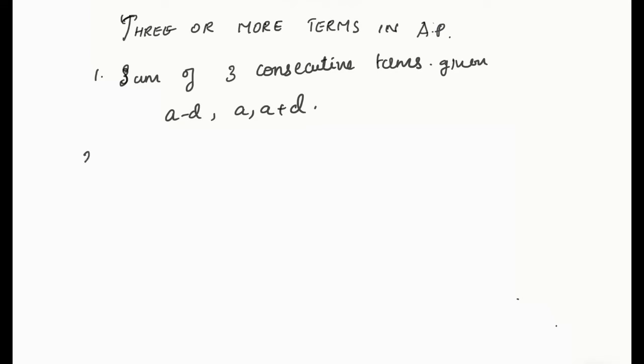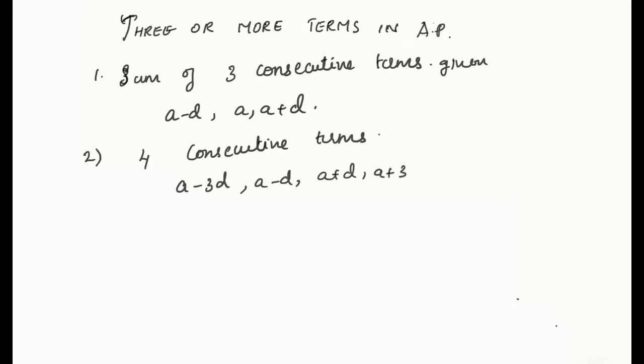Okay. So the second condition is when the sum of 4 consecutive terms is given. Here it is A minus 3D, A minus D, A plus D, A plus 3D.